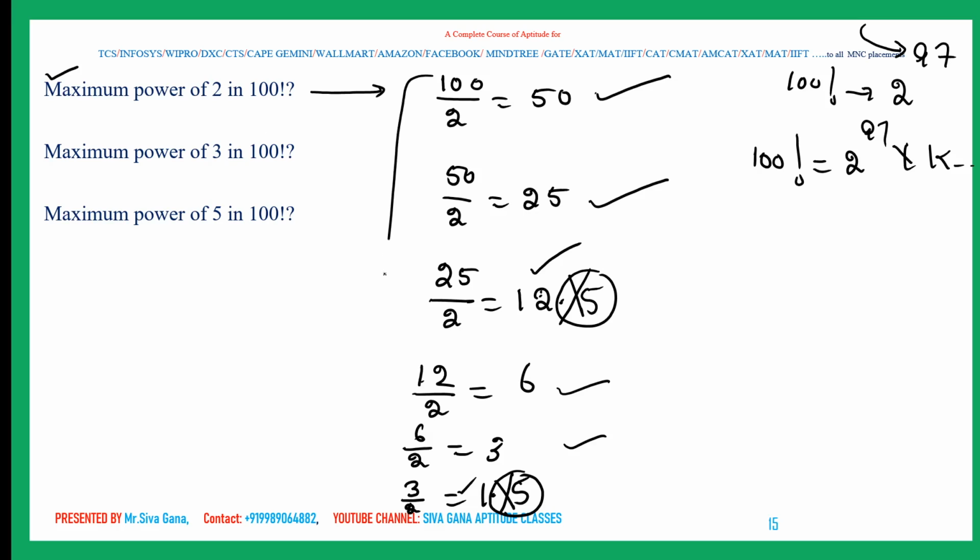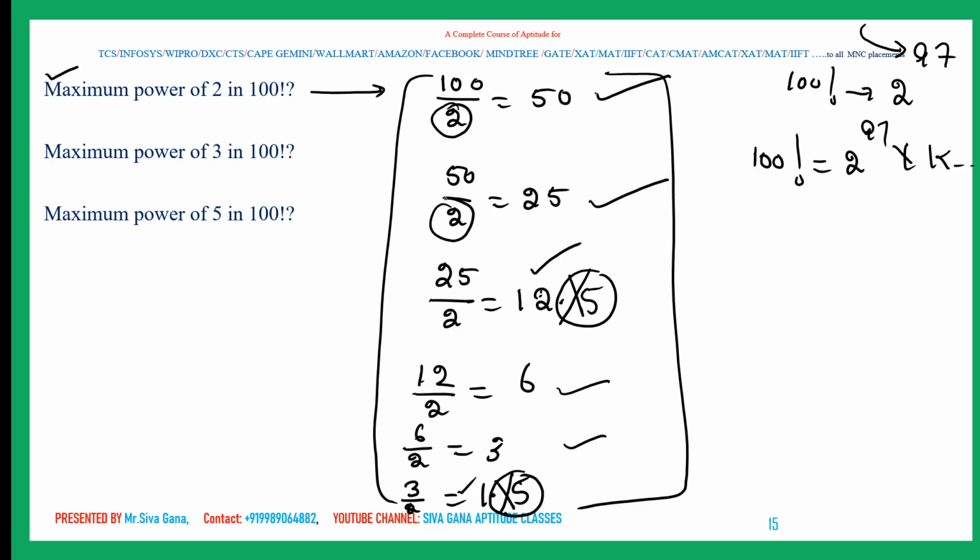So, what we did here is the process of finding the maximum power of a prime number. 2 is a prime number. Maximum power of a prime number in a given factorial.